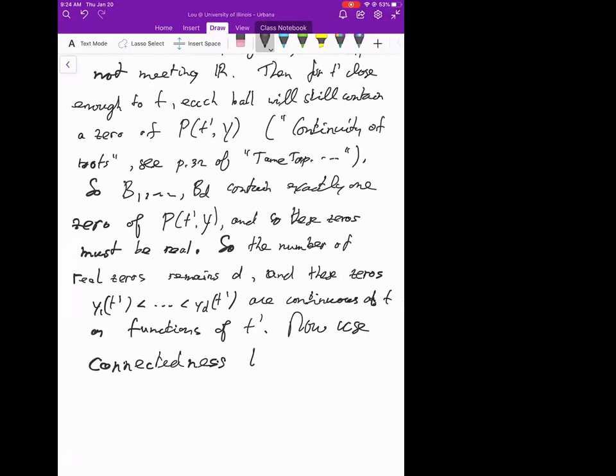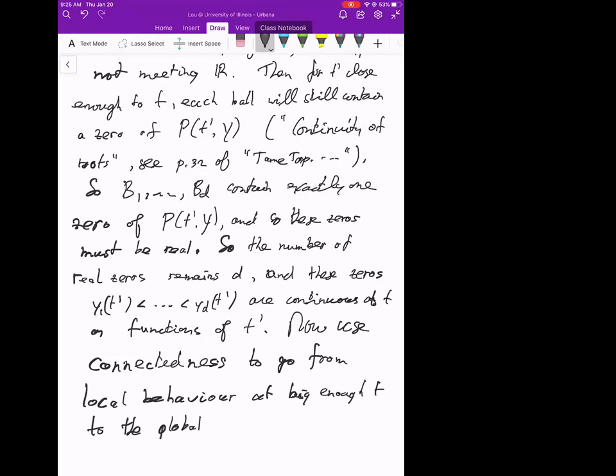Connectedness to go from local behavior at any big enough t to the global behavior described in part 2.